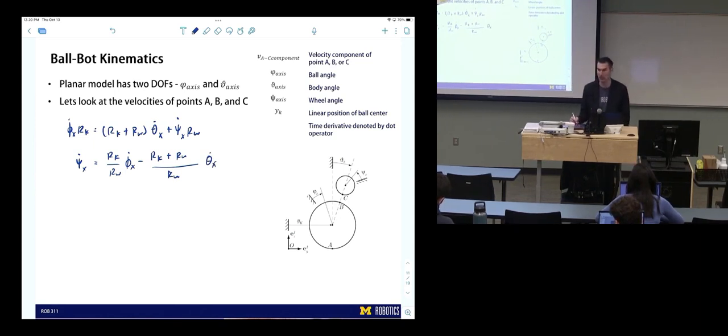We can simplify that one more time to this expression. Psi dot x is rk over rw times phi dot x minus theta dot x.